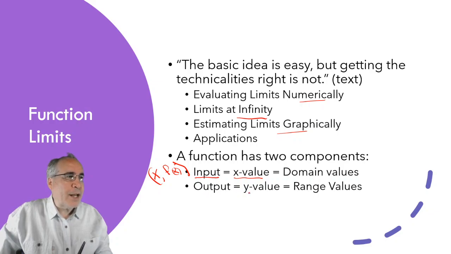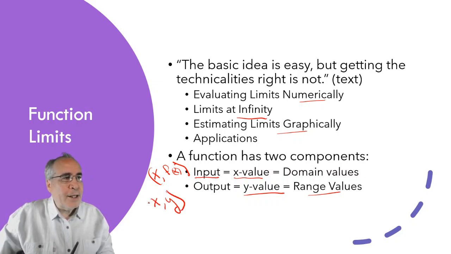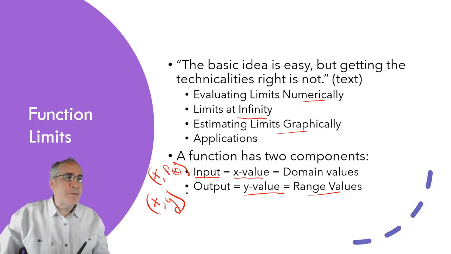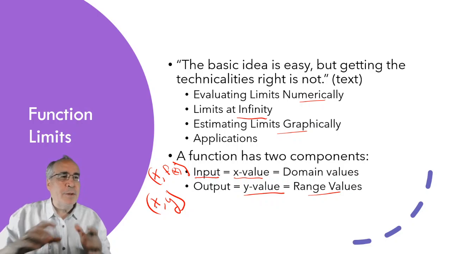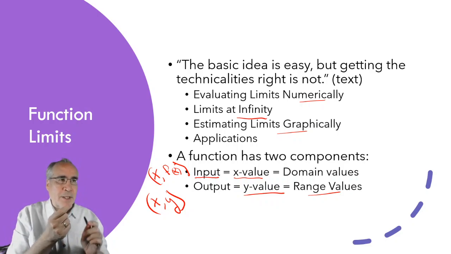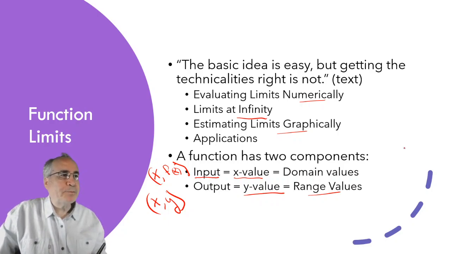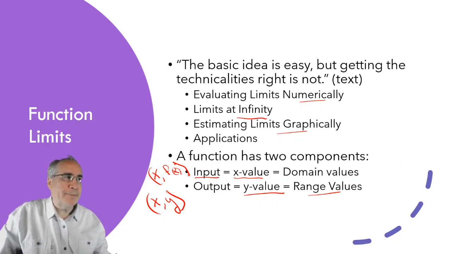The second one is the output, the y value, also called the range. So we can think of a point as x comma y. When we use function notation, we change y into f of x or g of x. But remember we're dealing with two coordinates that make up a single point, an input and an output.